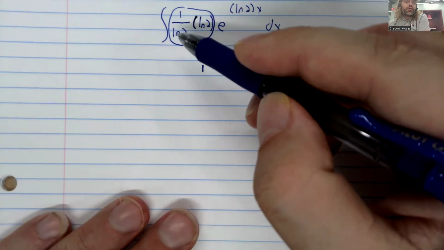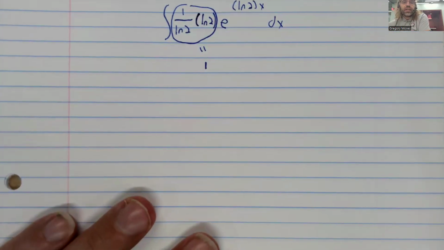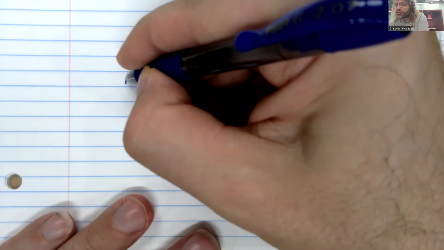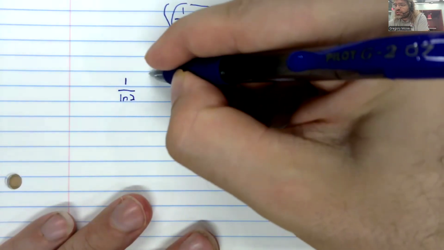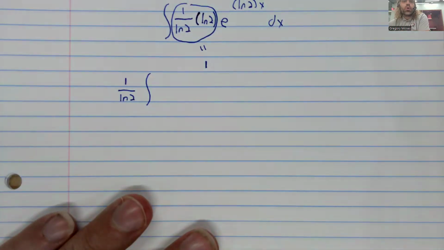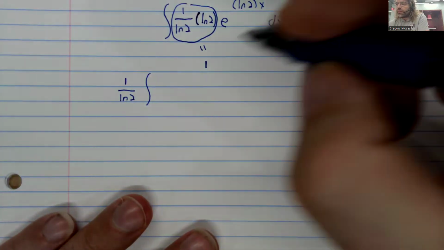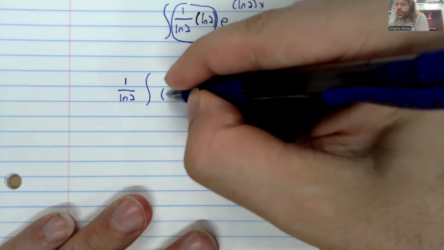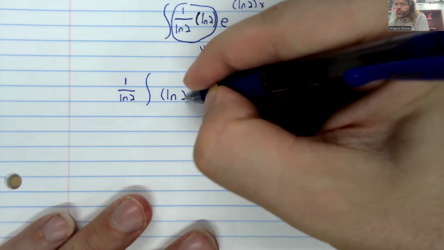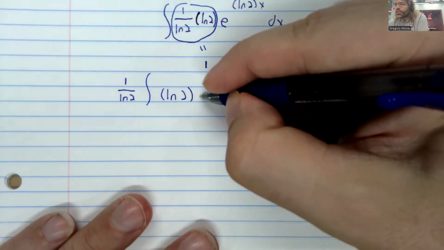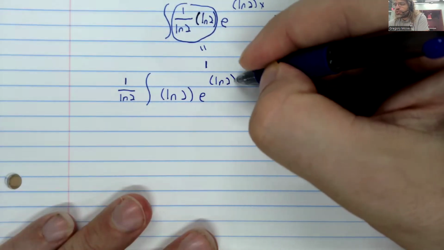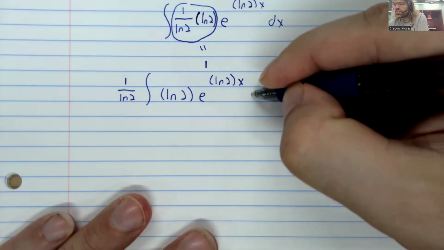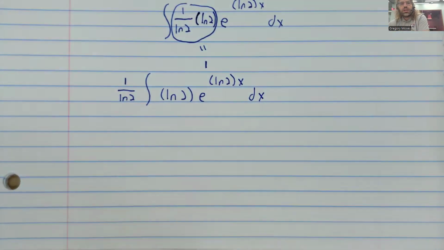And now 1 over the natural log of 2 is a constant, and I can take a constant and pull it right out of the integral. And now we have the natural log of 2 times e to the natural log of 2 x dx.